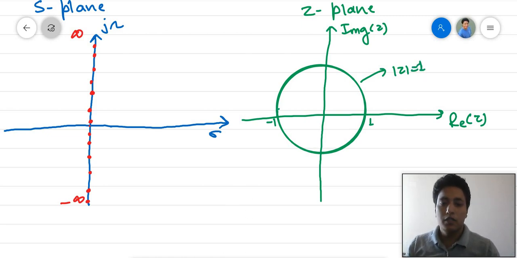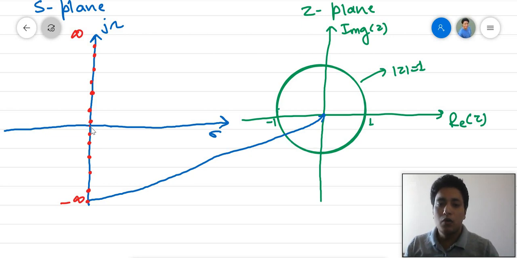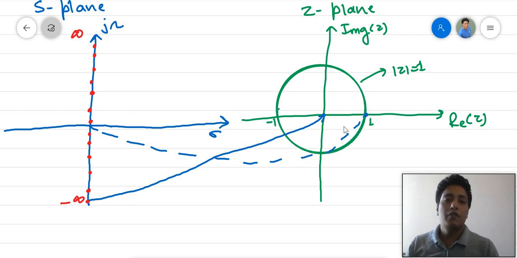So what it means is minus infinity is mapped to point 0. So we start from point 0, and point 0 is mapped to point 1.